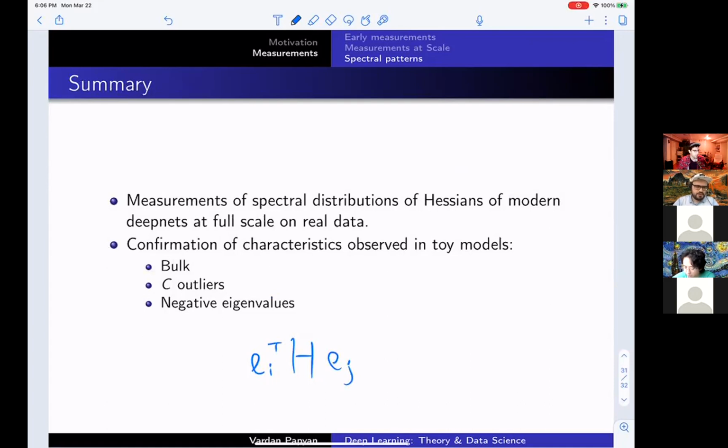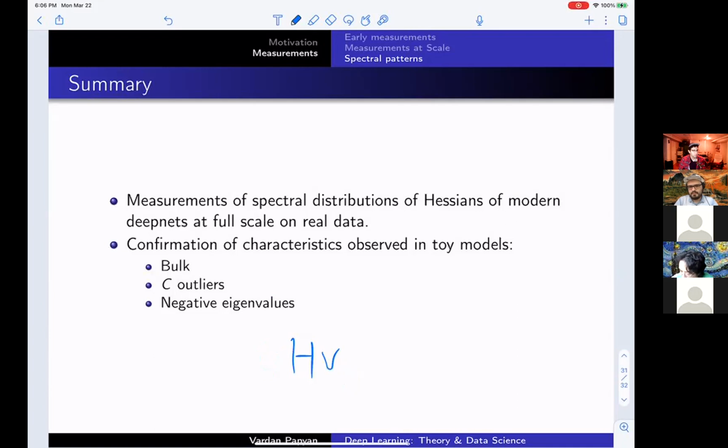Let me make sure that I'm not lying. Homework 7. Task 1 requires you to do Hessian vector multiplication. So I was confusing you. Task 1 asks you to calculate this for some vector v.